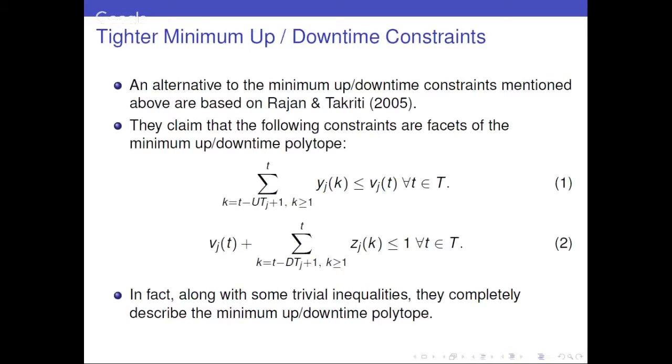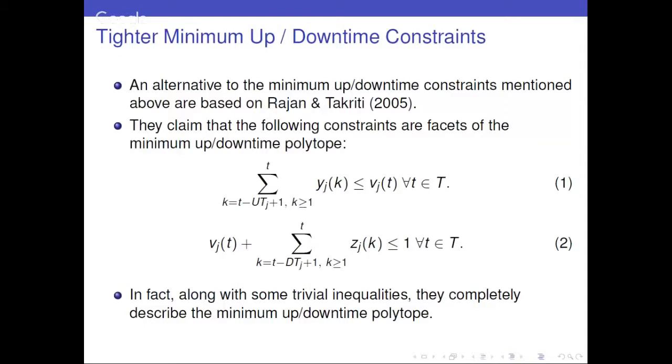These are the same restrictions, but expressed in a different way. What these basically say is that now you force the V to be 0 or 1 for an individual time period based on the Y's and the Z's. So it's a different way of expressing the requirement that it has to be turned on.